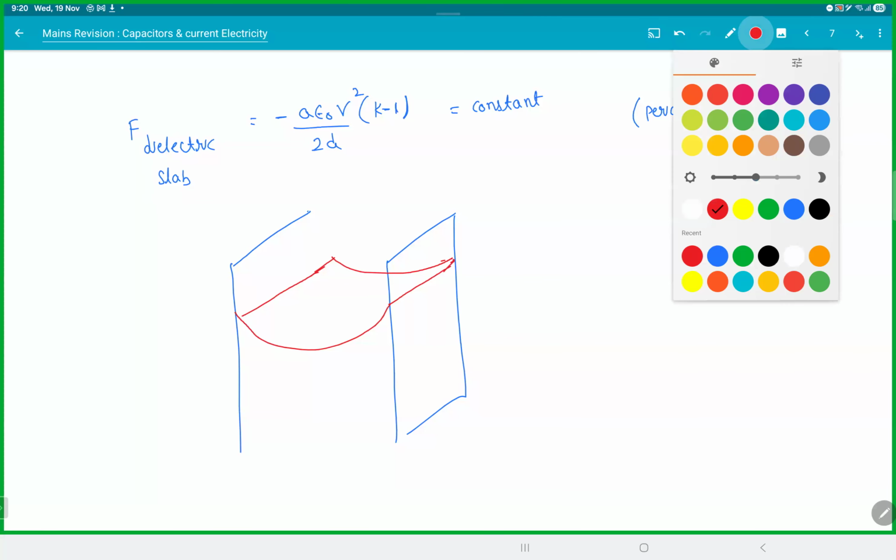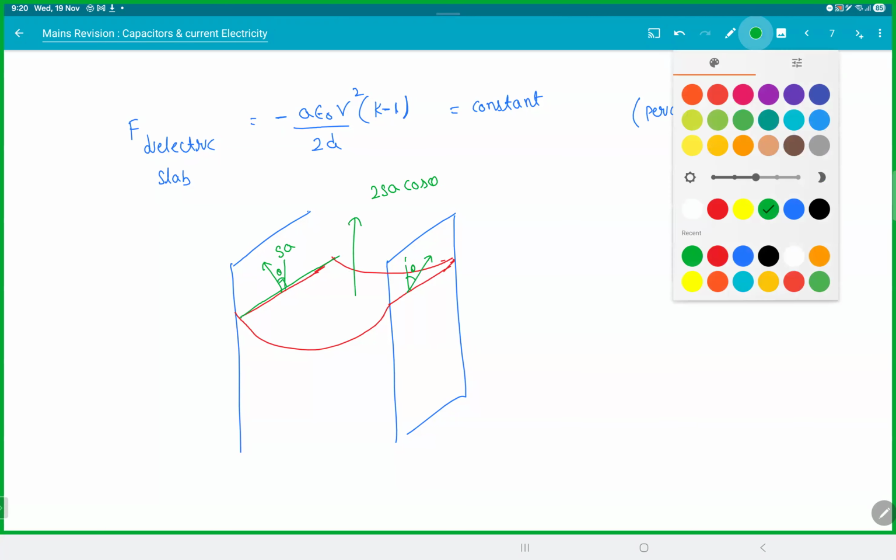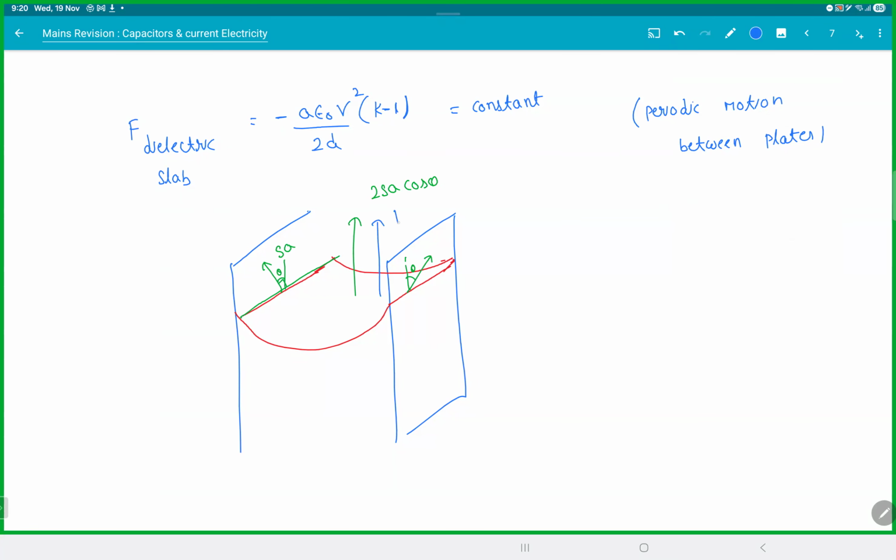And how will the surface tension act here? The surface tension will act on this line here, this way, which is surface tension S into the side A, at an angle, and this will act like this at an angle. This is a contact angle theta. So the net upward force will be 2 SA cos theta, plus you also have the force on the dielectric slab. That must be equal to mg.